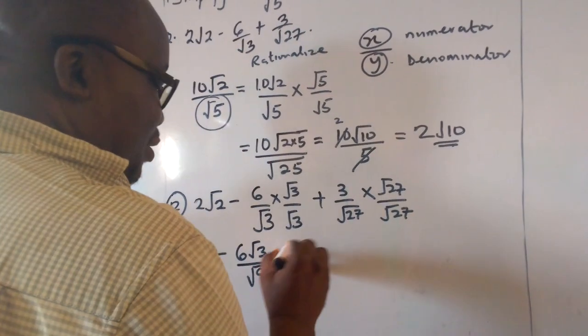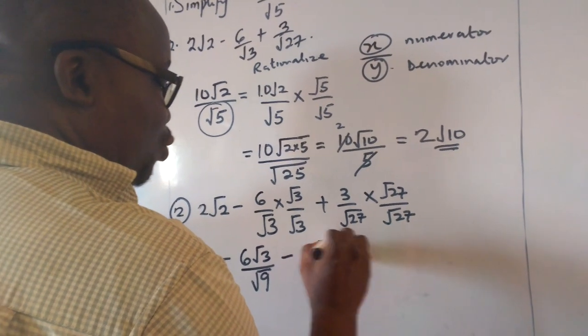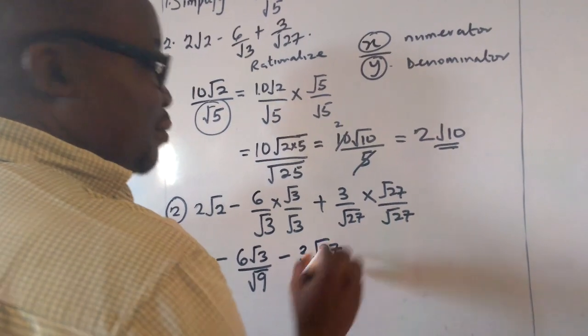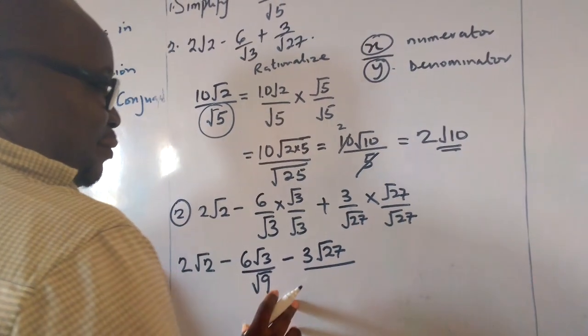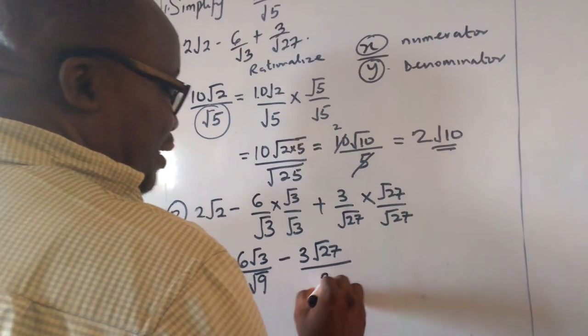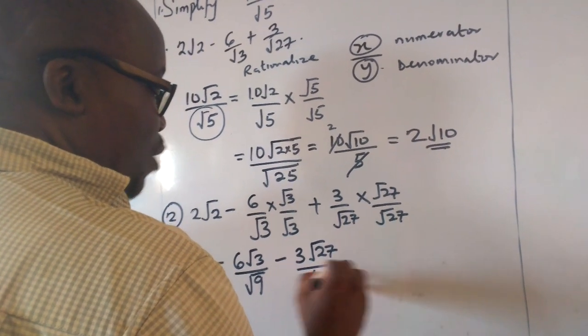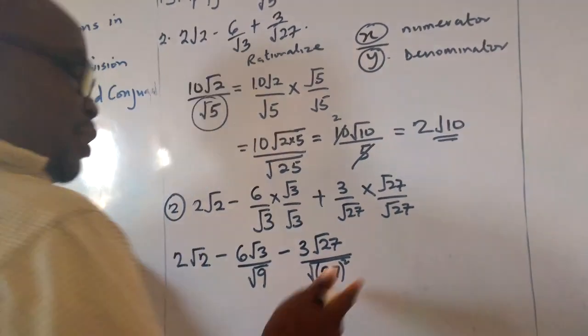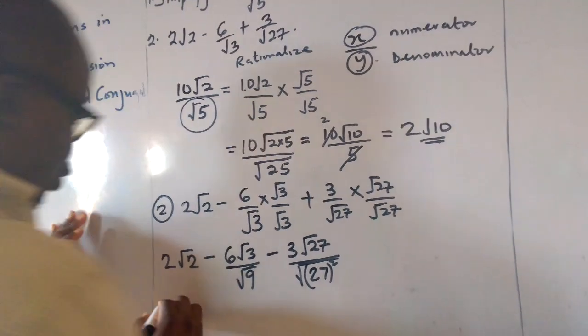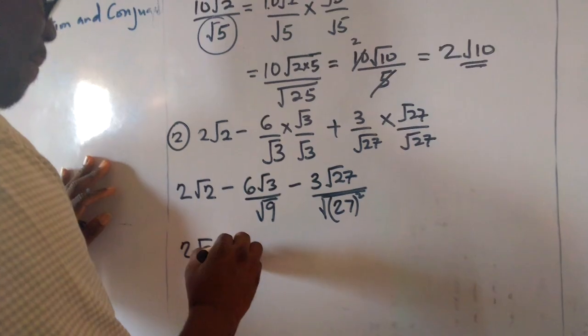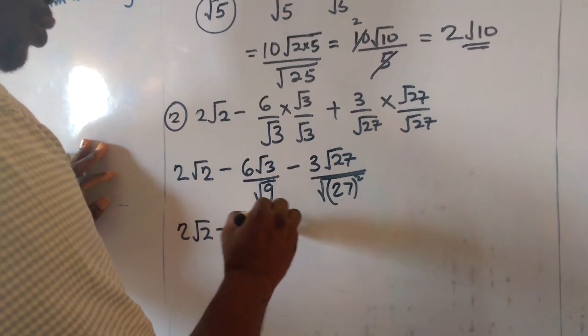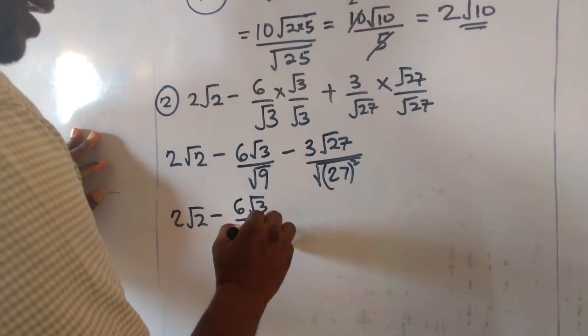Minus 3 root 27 all over root 27 squared. This is already a perfect square, so I continue. I have my 2 root 2 minus 6 root 3. What's the square root of 9? 3.